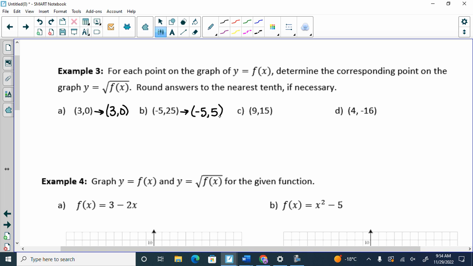What about 9 and 15? 9 and root 15, which you can't reduce. Done. What about this one? No. Yeah, so it becomes 4, just no. 16. So the coordinate does not exist.